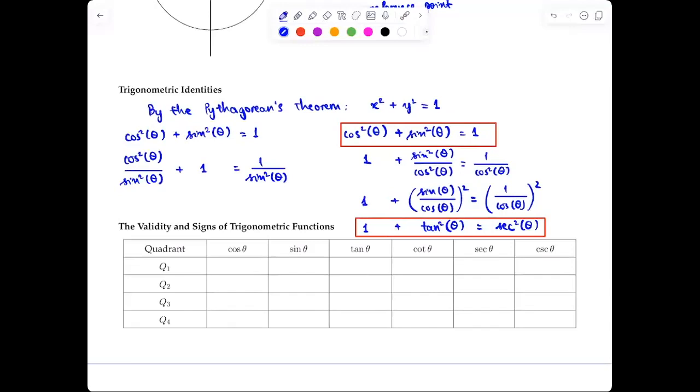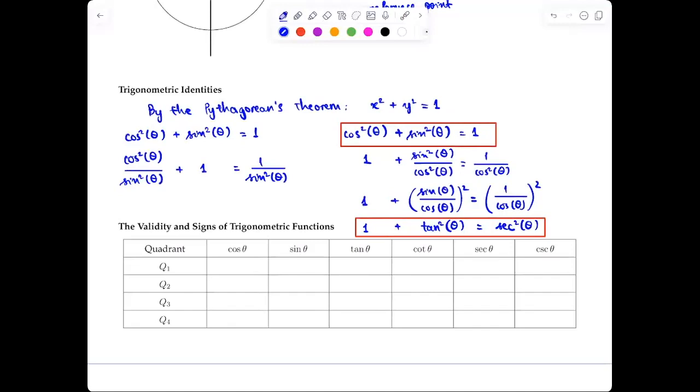Now, similar to the last derivations, what we do is we look at this ratio and relate it back to tangent, cotangent, secant, cosecant. Okay, so cosine over sine is going to be cotangent theta. So this term becomes cotangent squared of theta.